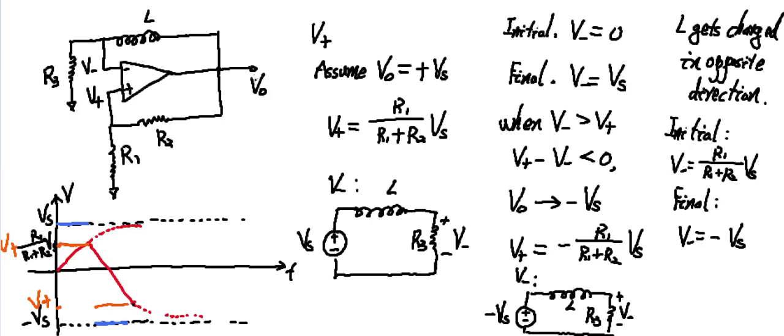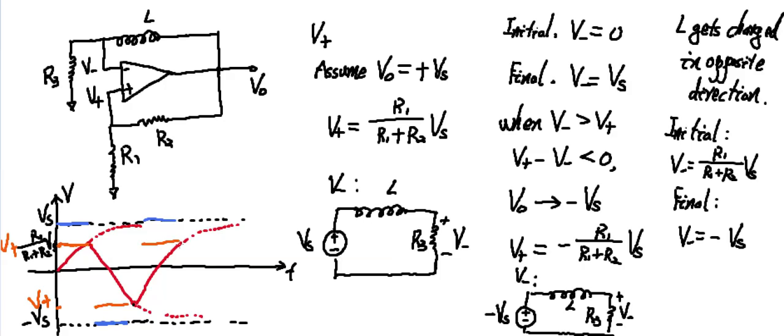So the next state is when the output voltage becomes fully positive Vs. Correspondingly, V plus again becomes R1 over R1 plus R2 multiplied by Vs, and the inductor will get charged up in the opposite direction again, following this exponential relationship.